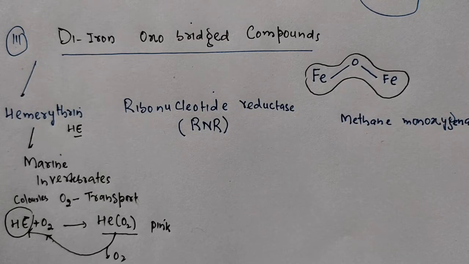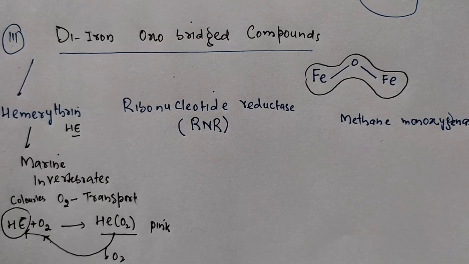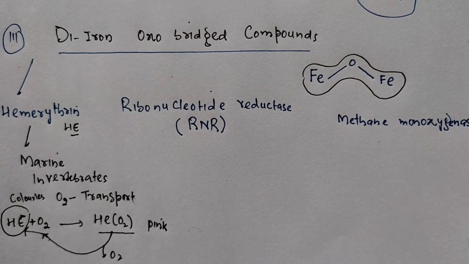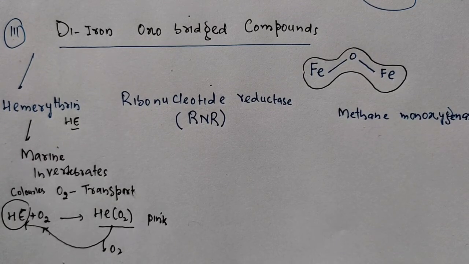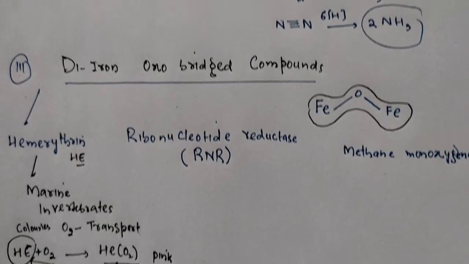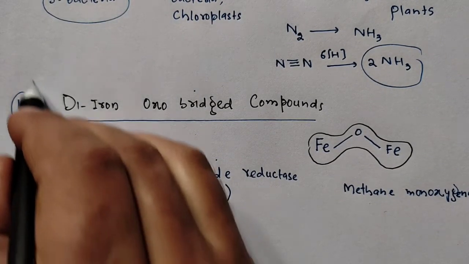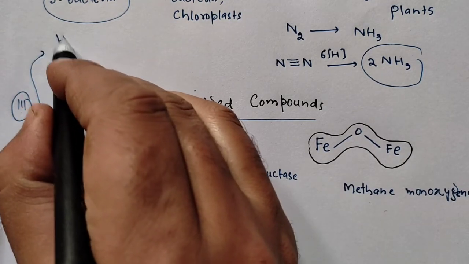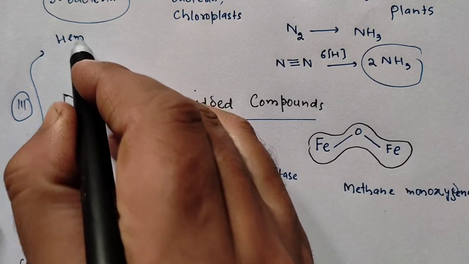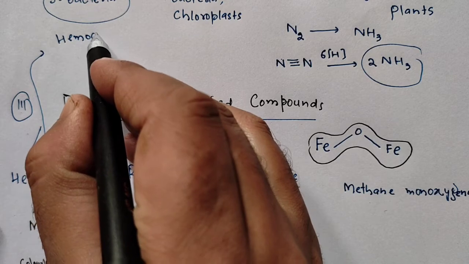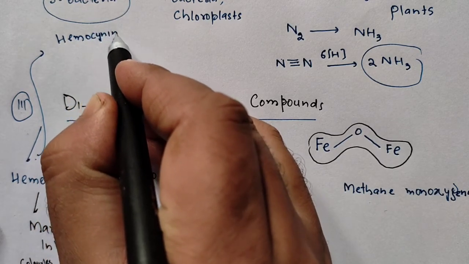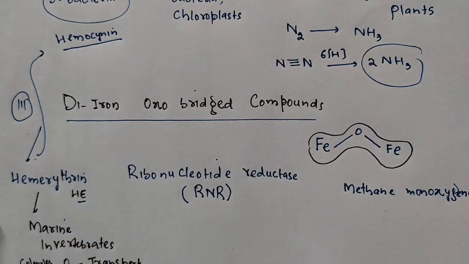Before we go to ribonucleotide reductase, there is another important protein which does not contain iron, but I will discuss it here. That is hemocyanin. I'm discussing it here because I'm not going to deal with it in a separate topic.